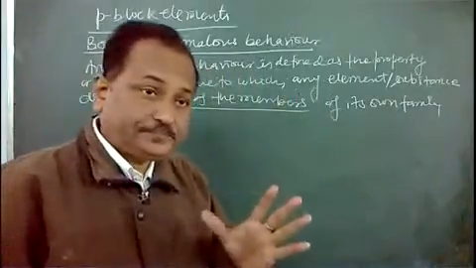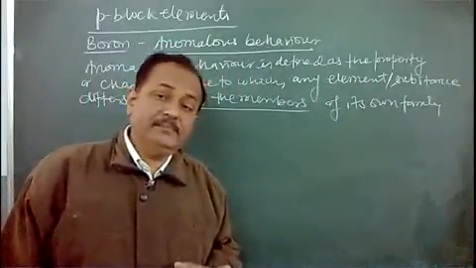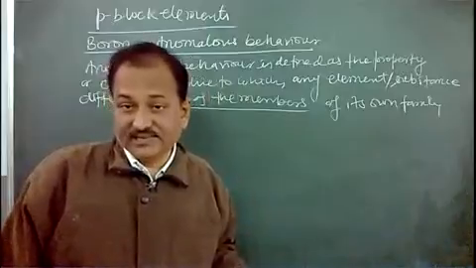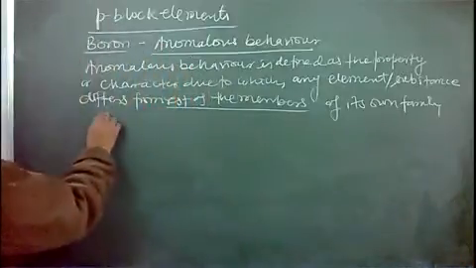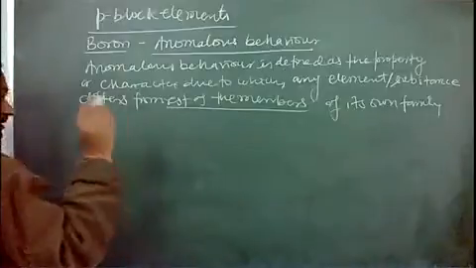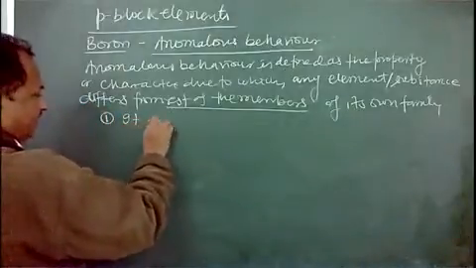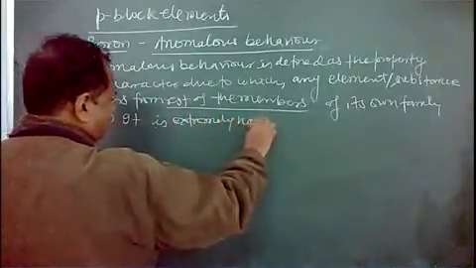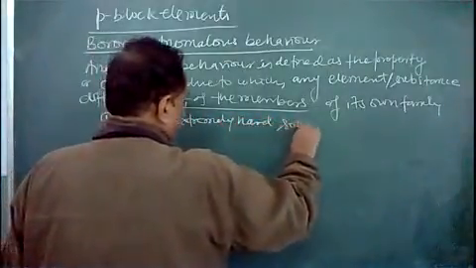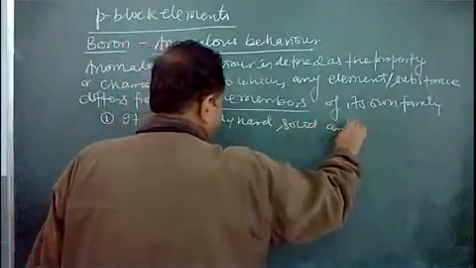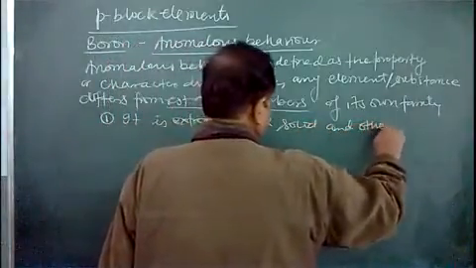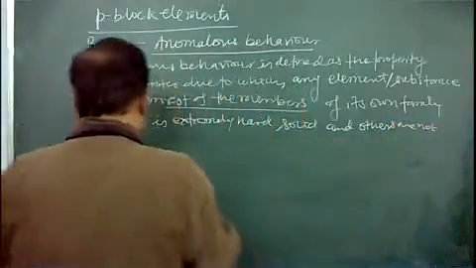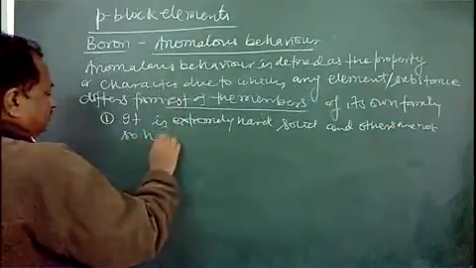So children, you know boron is a typical metal, and in spite of it, it is a poor conductor. There are many points. First point, it is an extremely hard solid, and the others are not so hard.